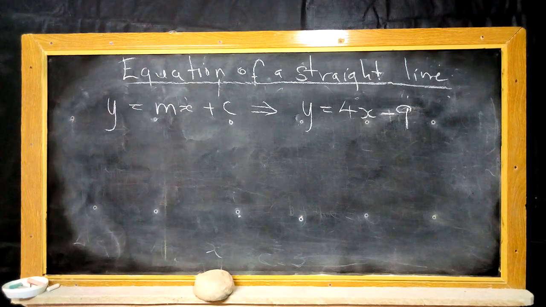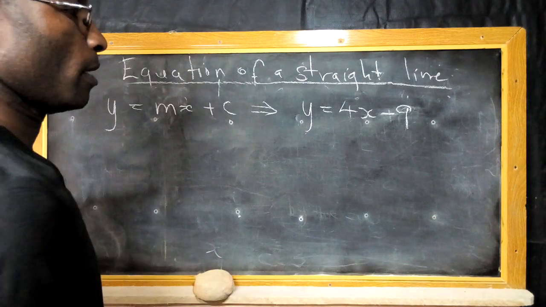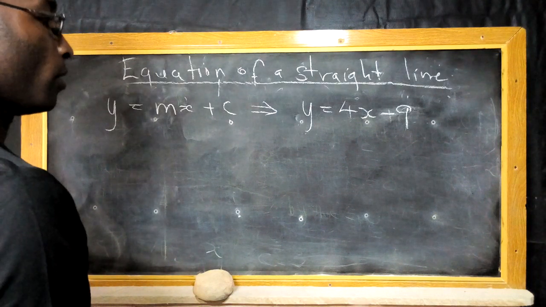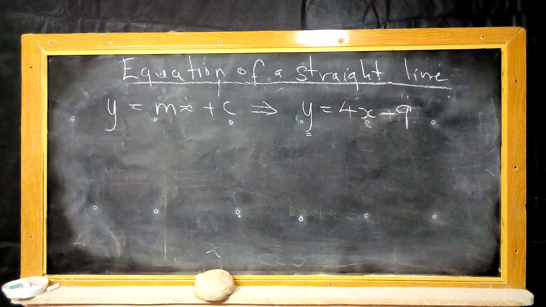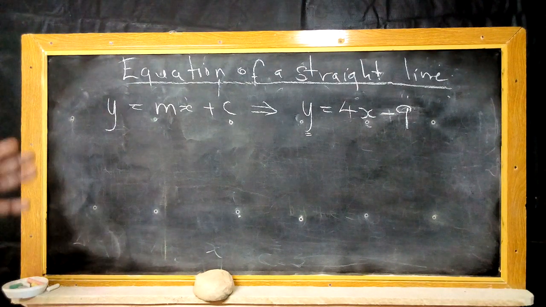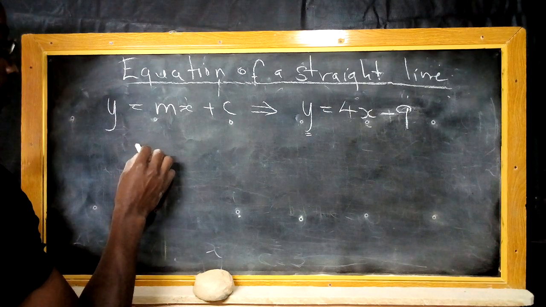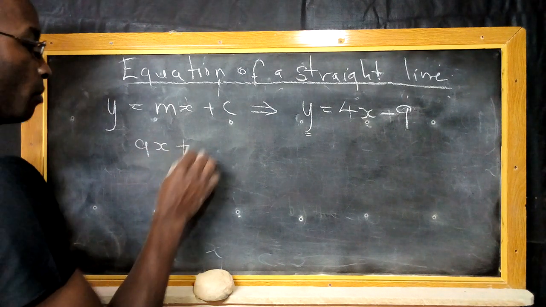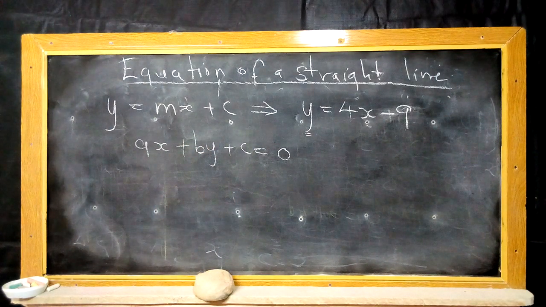From this we can say that the gradient is 4 and the y-intercept is -9, and we can find other points on a straight line by just using the x and y coordinates. So in that case, if this line is expressed in the form y = mx + c, can we express it in the second form that we said, ax + by + c = 0? So let's try to see this.